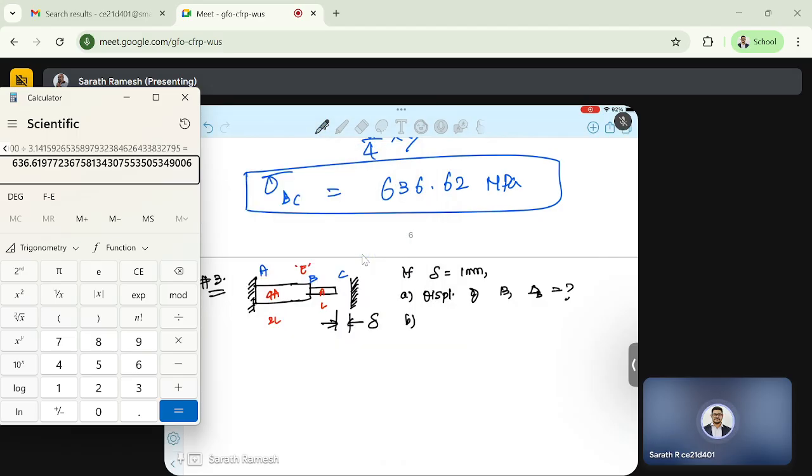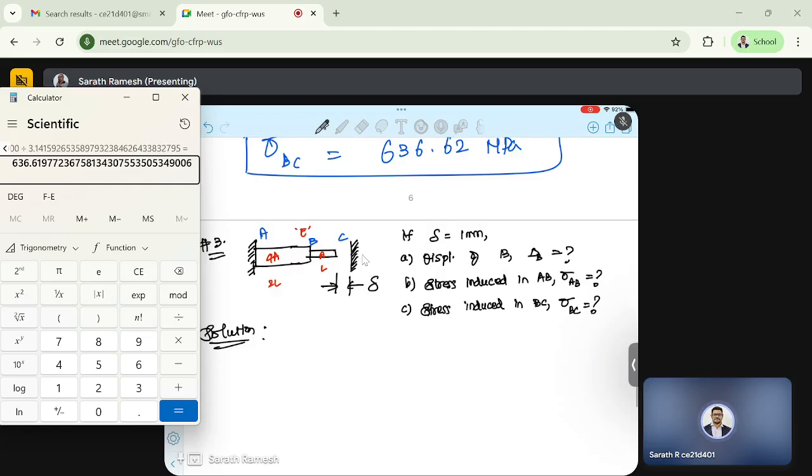In subdivision number B, we need to find the stress induced in AB, that is sigma AB equal to what? And finally, the stress induced in BC. Okay. Now let's begin the solution.